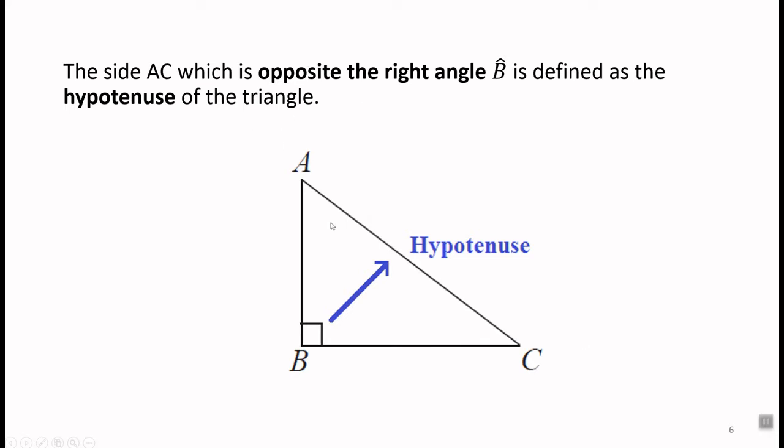The side AC, which is opposite the right angle, we call the hypotenuse. Always the side opposite the right angle, the longest side, we call the hypotenuse.